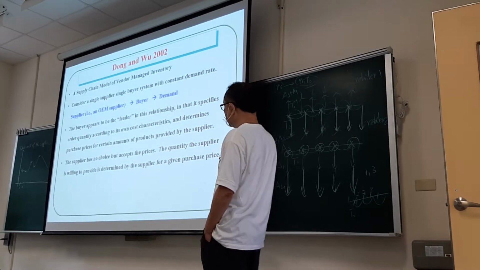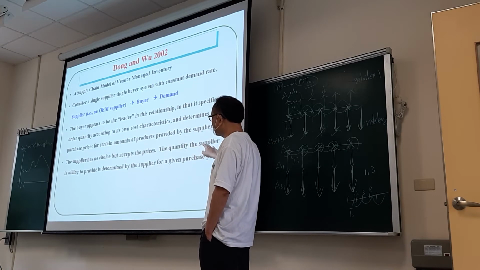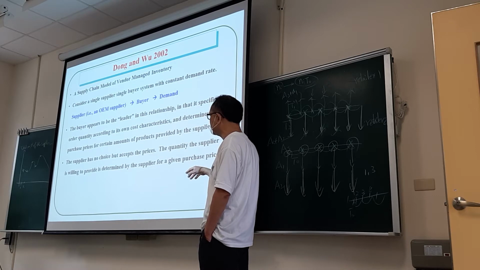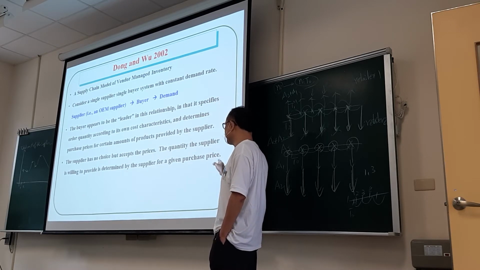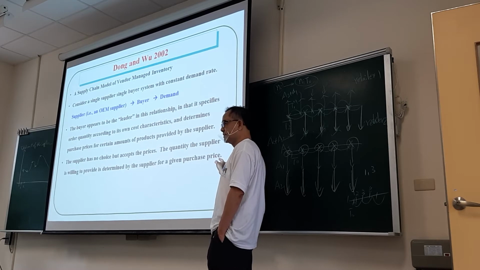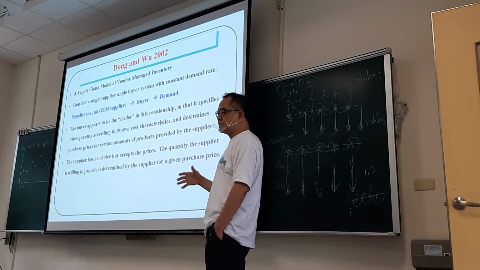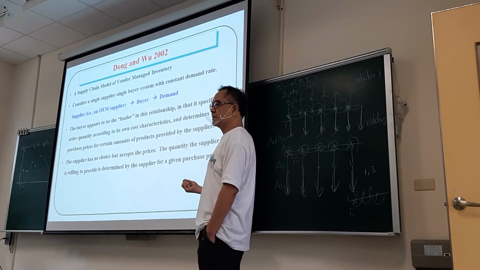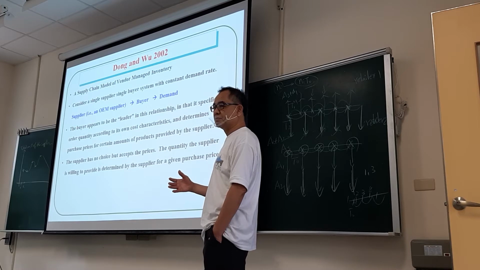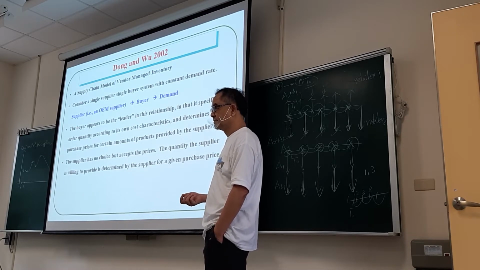But the quantity the supplier is willing to provide is determined by the supplier for a given purchase price. So, naturally, if the purchase price is higher, the supplier would like to produce more, right?